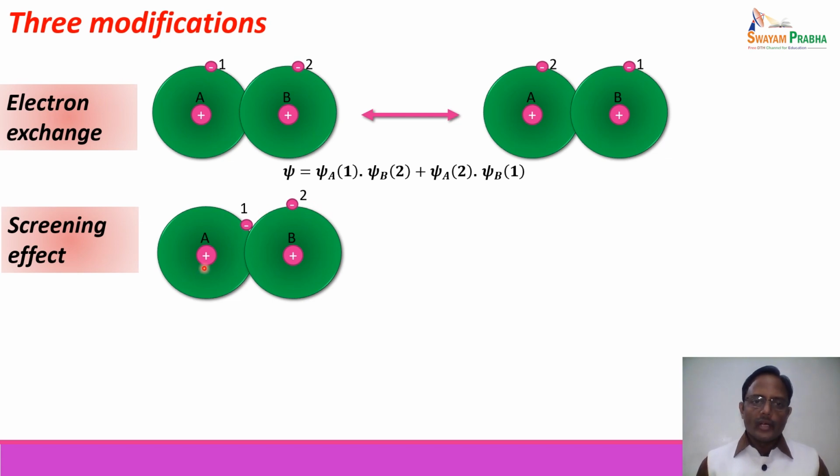As a result, it is possible that this electron is getting screened from this nucleus because of the intermediate electron present in between. Similarly, the same case is possible on the opposite side also. This is called the screening effect. Screening effect is the reduction in the nuclear force of attraction between the nucleus and the electron because of the presence of electrons in between the two.